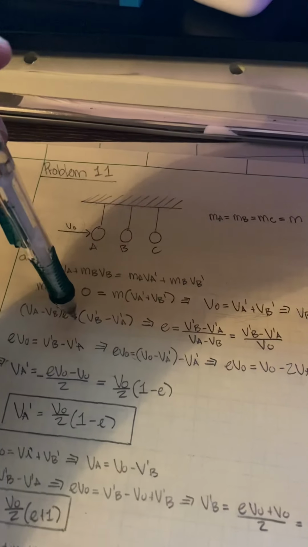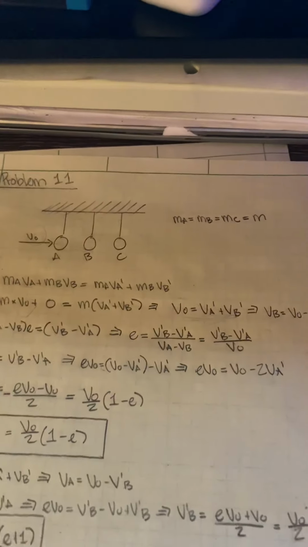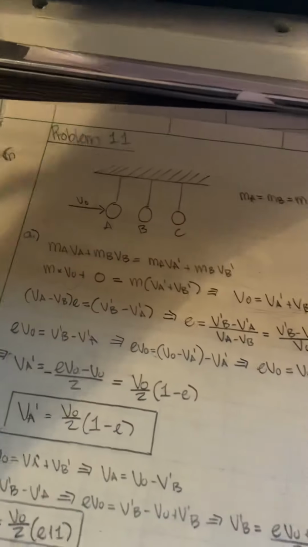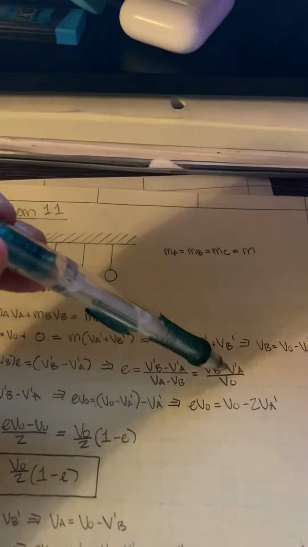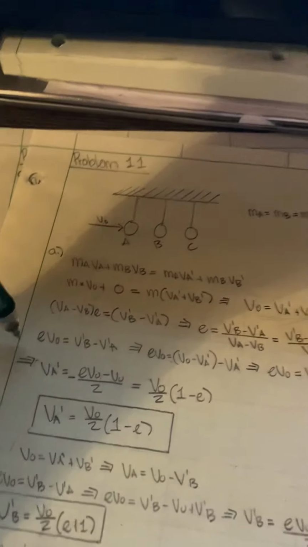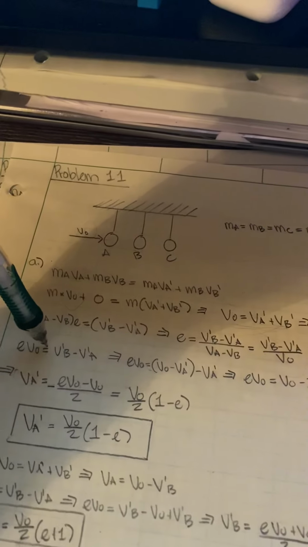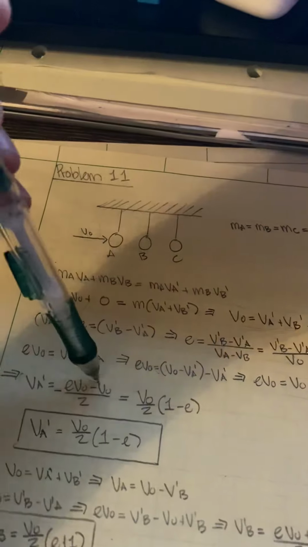And then right here we're trying to find the relative velocities. It's given by this equation. We try to get e by itself, and this is what we ended up with. After more simplifying, we ended up with this, and then we simplify it and end up with this right here.